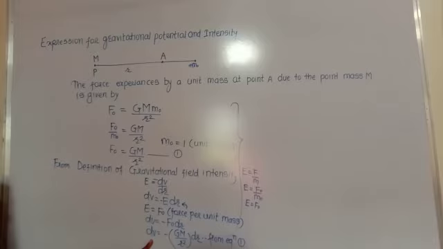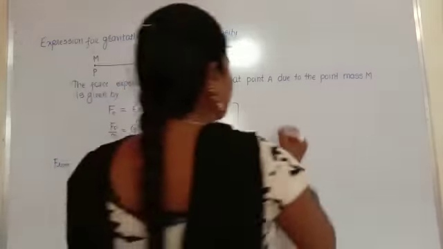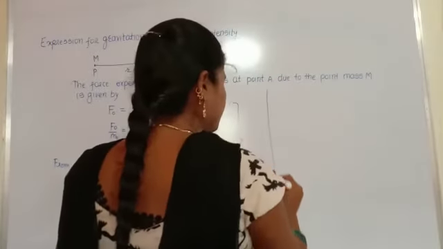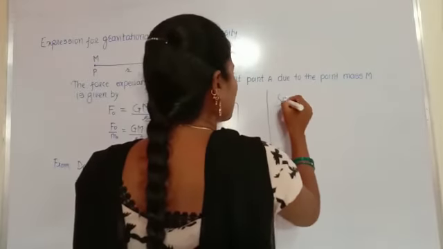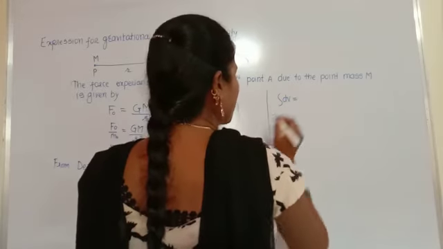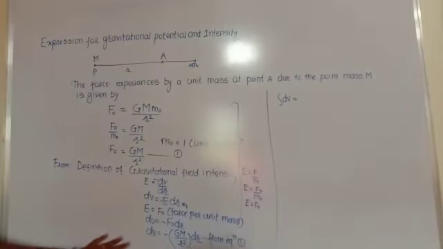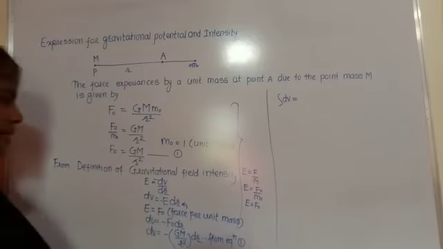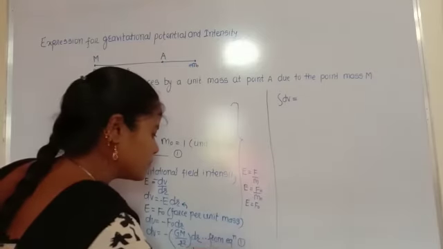If we want to calculate the total gravitational potential, we have to integrate this term. The total gravitational potential at a distance r is obtained by integrating this equation. So this is equation number 2.